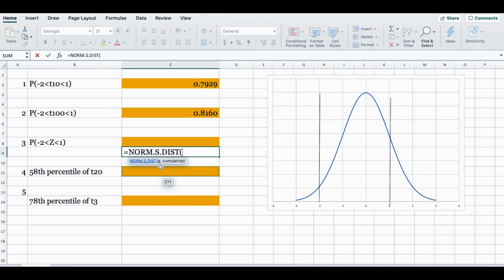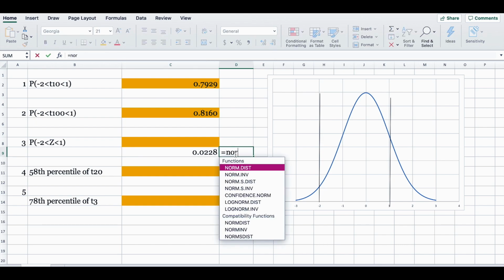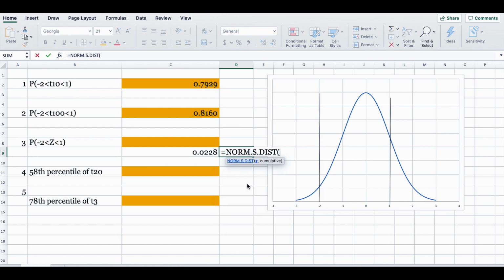So here the first argument is asking you for the z value. In this case, it is -2. For the second argument here, since we're looking at the area on the left hand side, we're going to use the true statement. Now we're going to use the NORM.S.DIST function to find the area on the left side of 1.